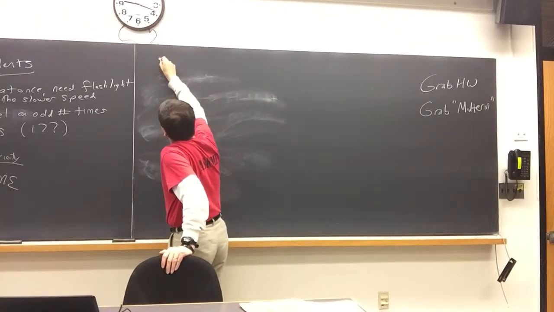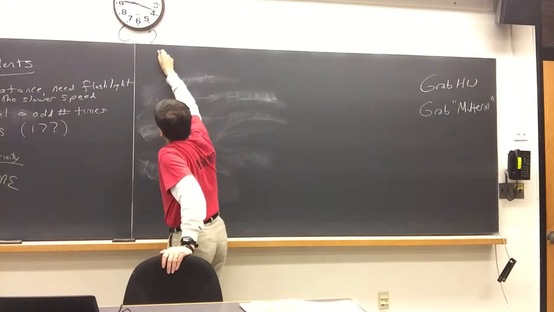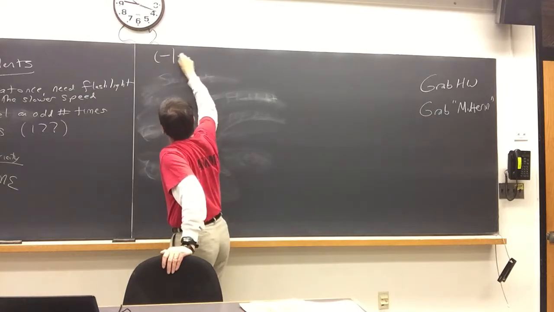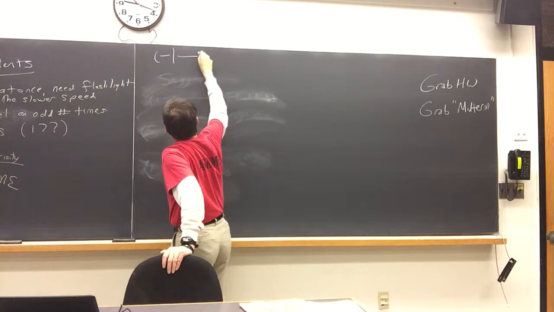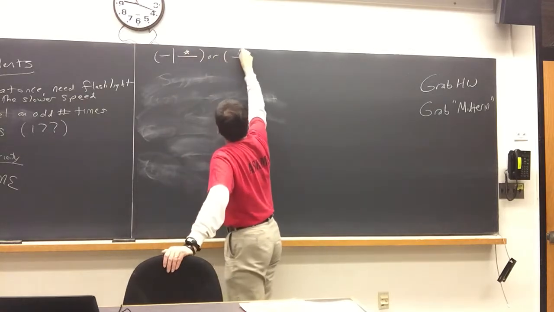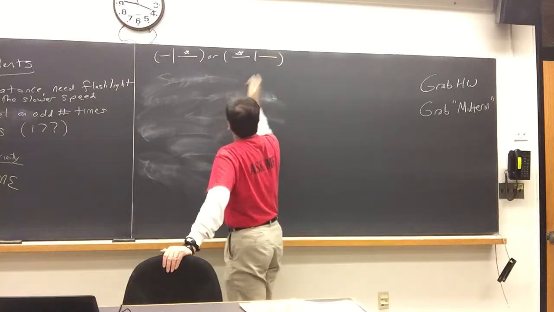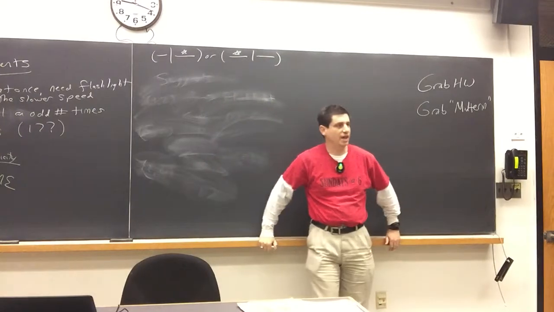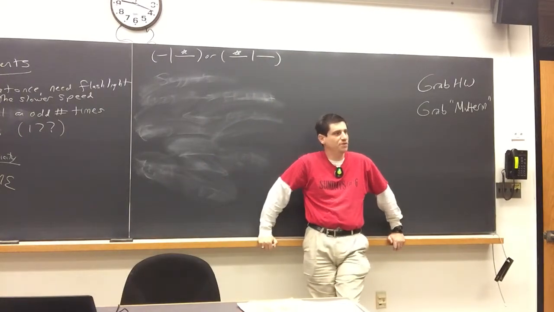So if we have a left side, a right side, and a star, I claim that no matter where we are, we're in one of those two states. What do you think this will mean?